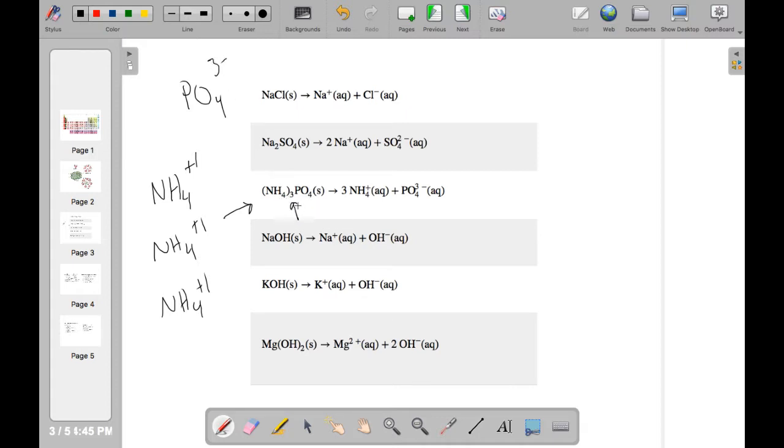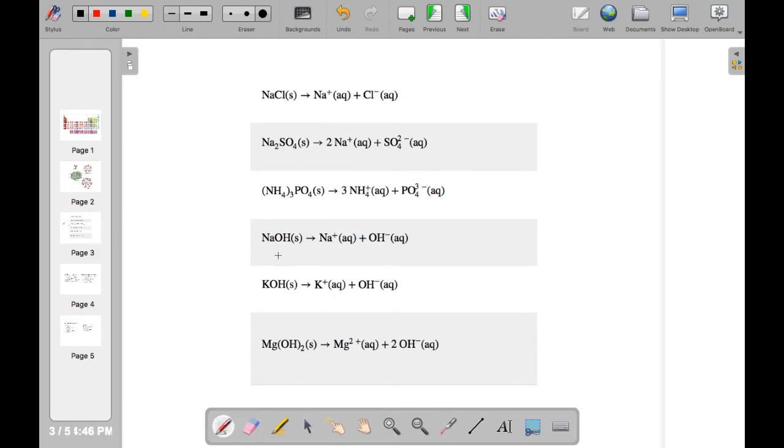That 3 goes in front of the NH4. I have 3 of them. 1, 2, 3. 3 NH4 cations with a +1 charge in water. Plus I have 1 phosphate polyatomic anion with a 3- charge.